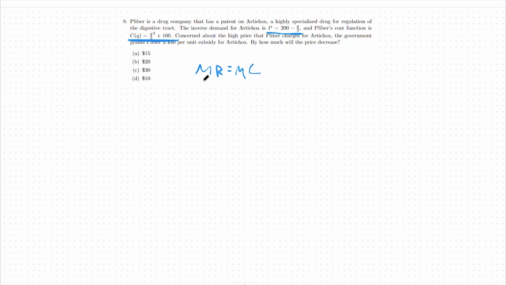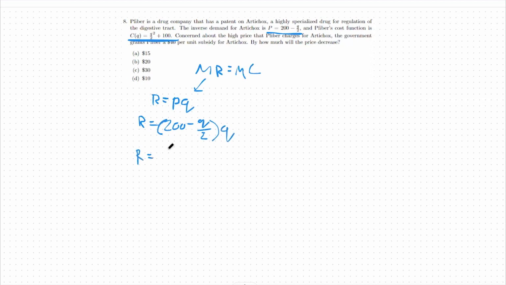To find our revenue function, what we can do is say that revenue conceptually is equal to the price I can sell my units at times the number of units I sell, or my quantity. As such, in this case, revenue is equal to 200 minus Q over 2, or our price in terms of quantity, multiplied by the quantity we sell.